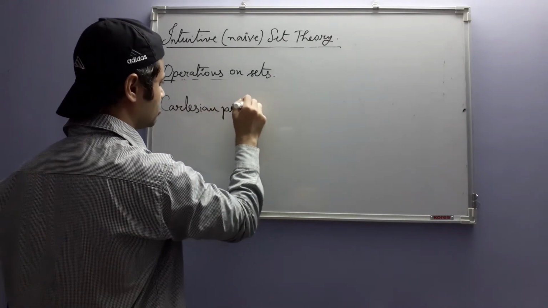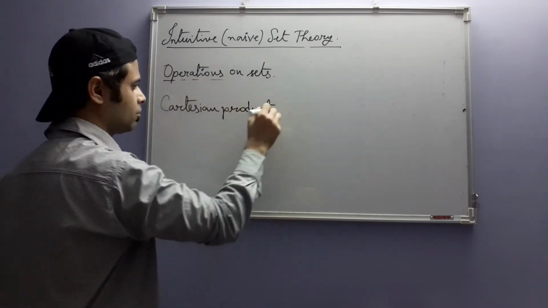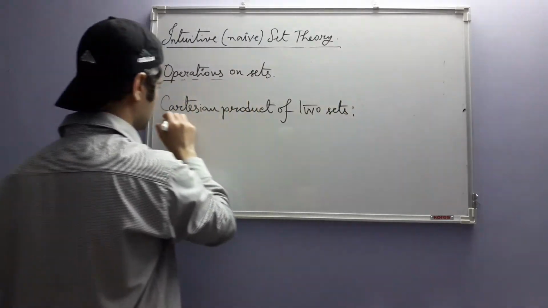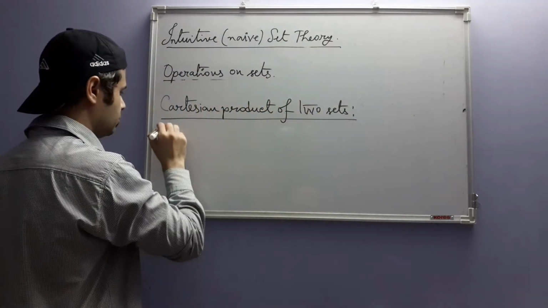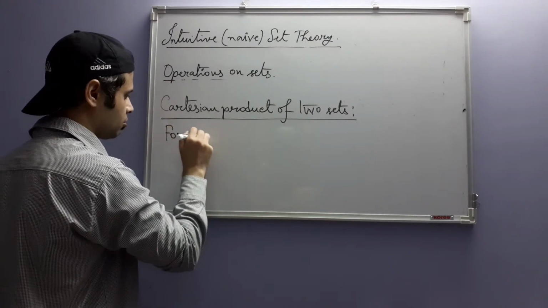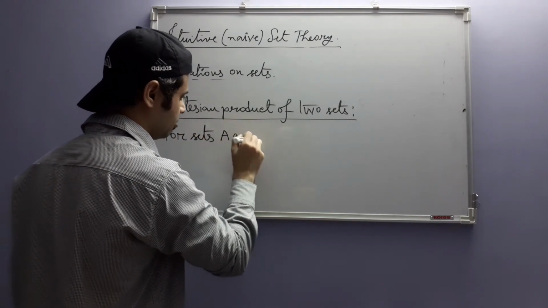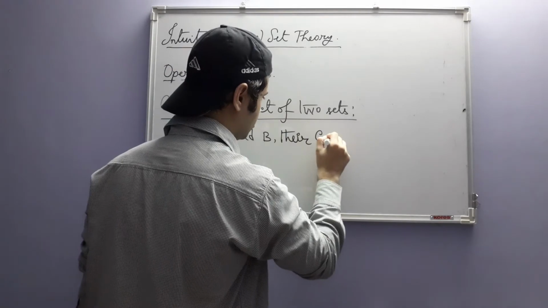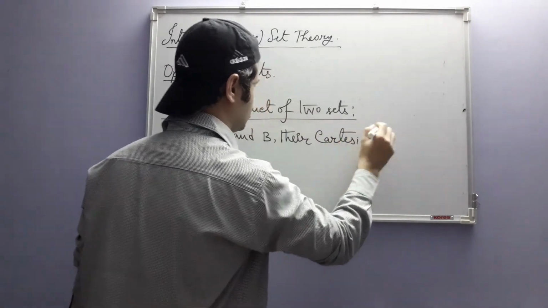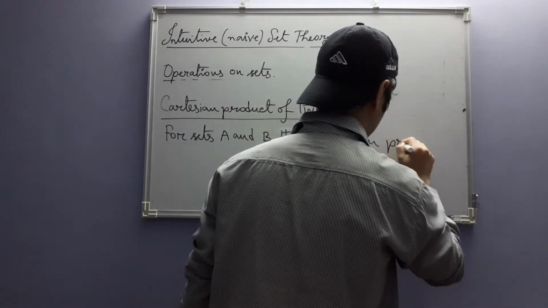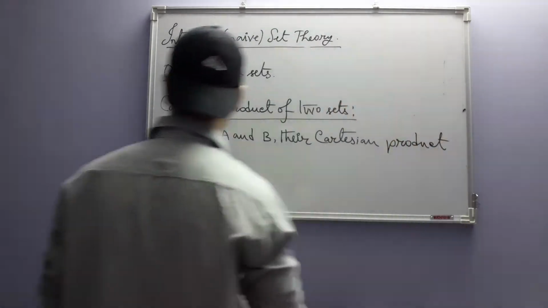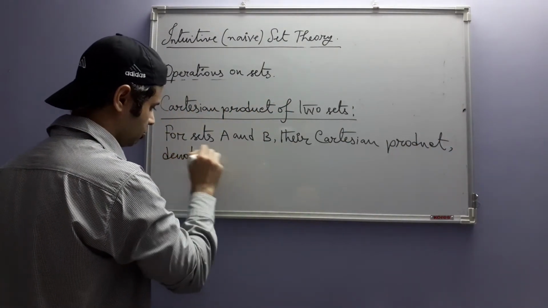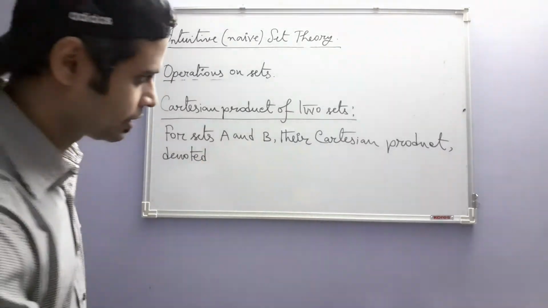Cartesian product of two sets. For sets A and B, their Cartesian product, or I can write like this.